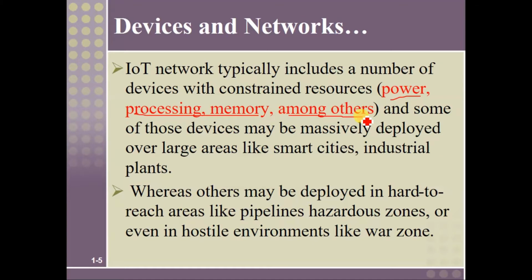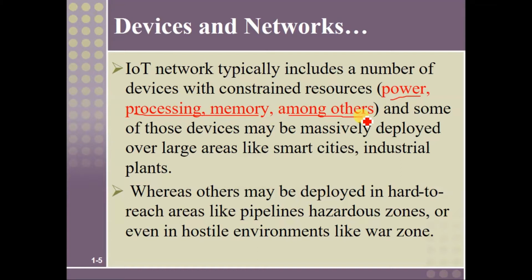For example, in a smart city, for the sake of safe traveling and industrial practice, we can use such IoT devices, whereas others may be deployed in hard to reach areas like pipelines, hazard zones, or even in hostile environments like war zones.